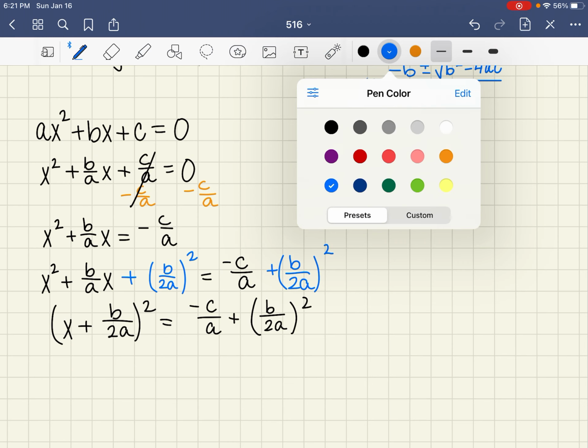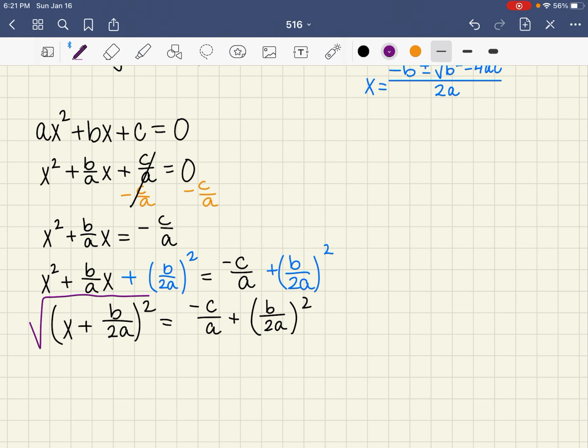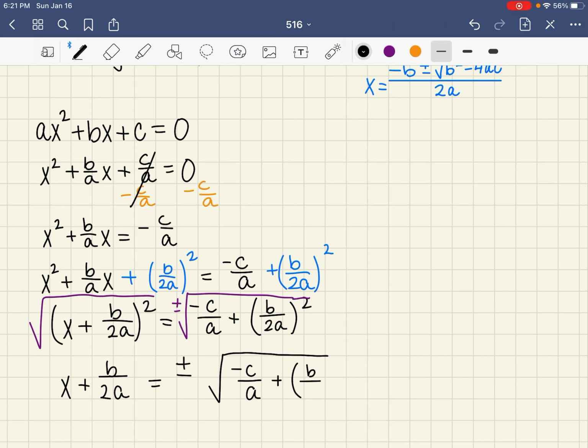But when I take the square root on the right-hand side, we get that plus or minus in the front. So we get x plus b over 2a equals plus or minus the square root of negative c over a plus b over 2a squared.